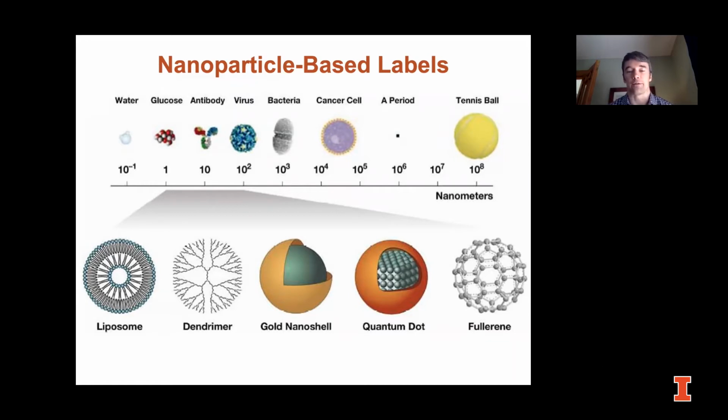They can be made out of macromolecular organic structures like liposomes and dendrimers, and they could be made out of inorganic materials such as metals, semiconductors, as well as magnetic materials. So there's a big space now available for making labels and probes that can facilitate new types of contrast in imaging.